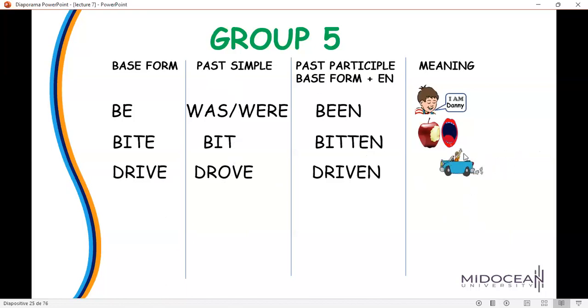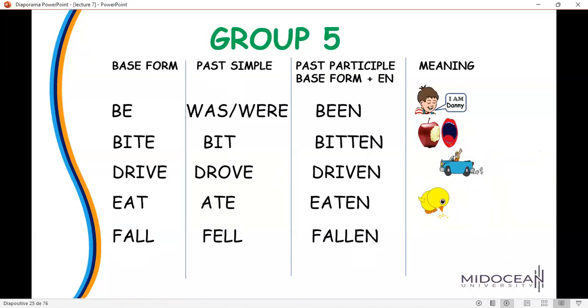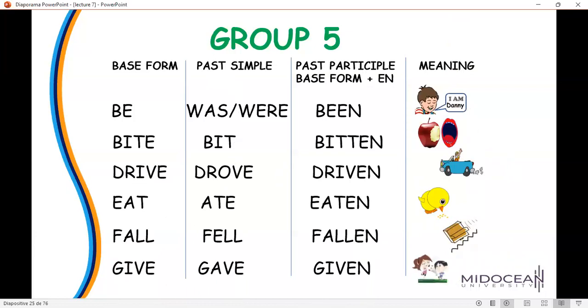And here you have the meaning. Eat, simple past ate, past participle of the verb eaten. Fall, simple past fell, past participle fallen. Give, simple past gave, and past participle of the verb is given. Okay?